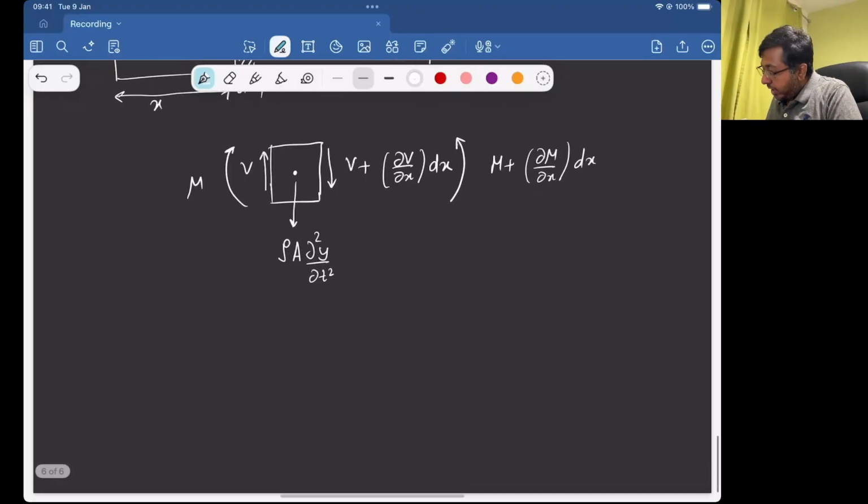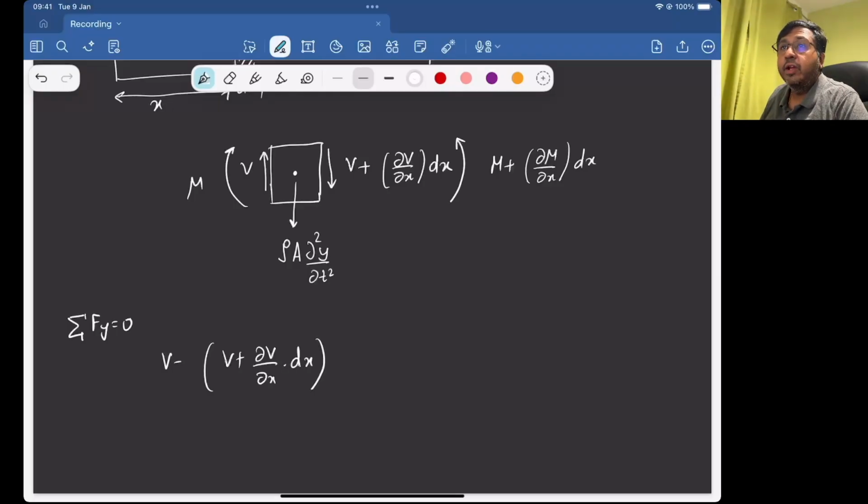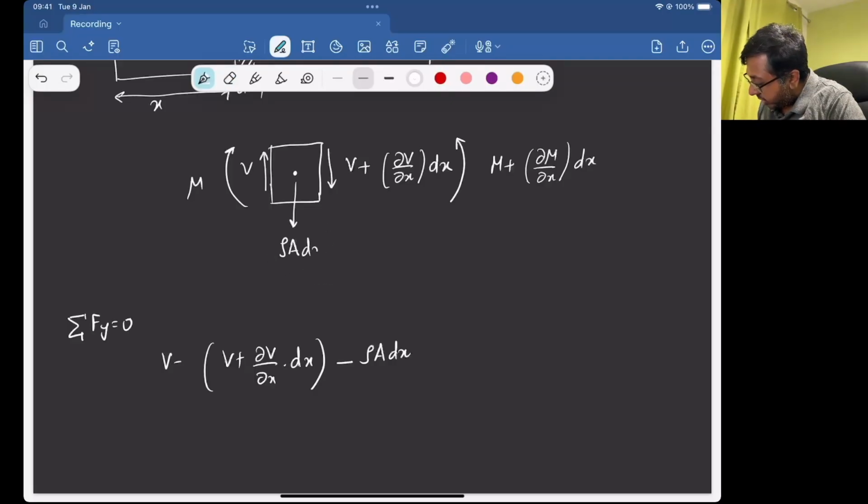So if I write the equation, summation of forces along the y direction equal to 0, I can say V minus (V plus ∂V/∂x into dx), right? V is acting upward, I'm taking positive. On the right hand side it's acting downward, I'm taking negative, minus rho A into dx. Sorry, there's a dx here that I missed. So rho A into dx into ∂²y/∂t².